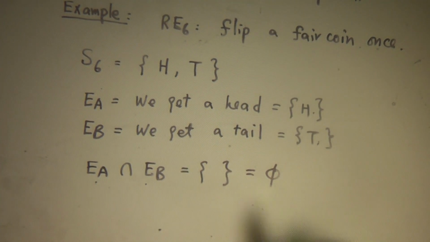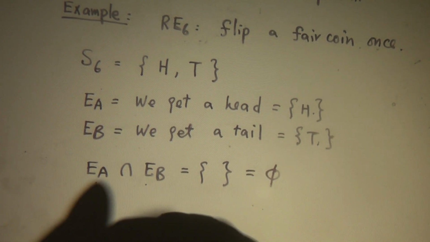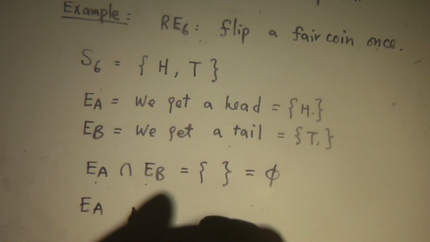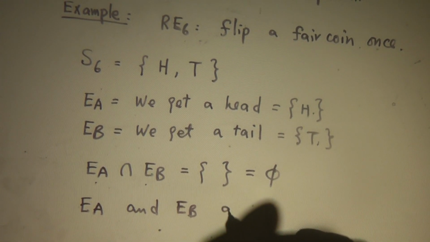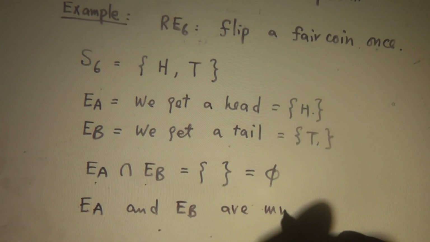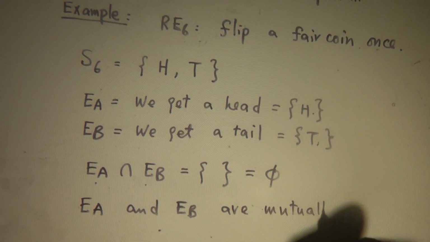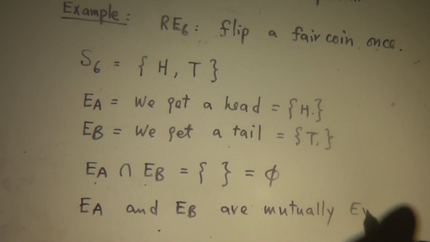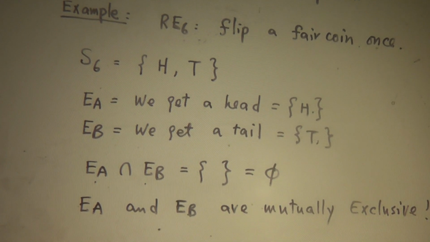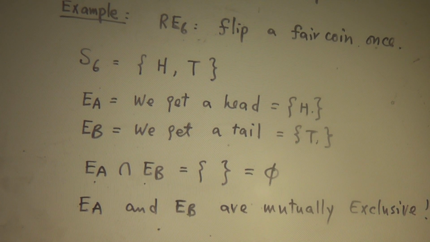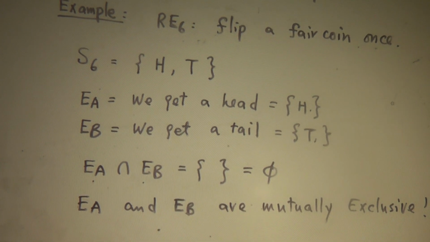So what can we say about E_A and E_B? E_A and E_B are mutually exclusive. They don't share anything in common. Are they independent? That's the next question.